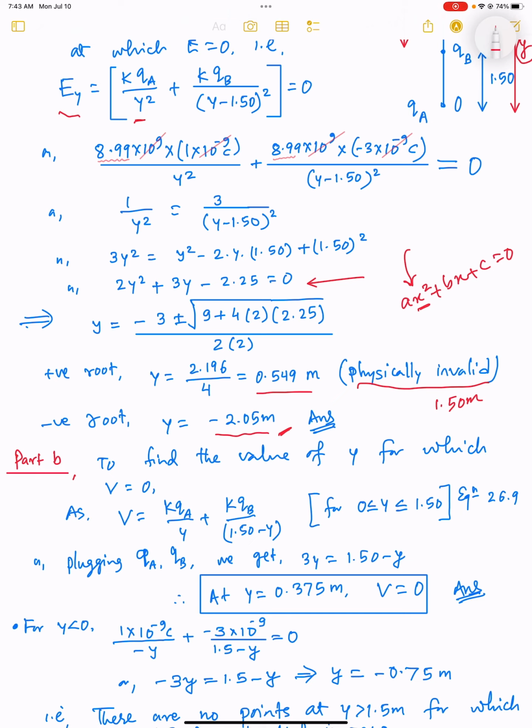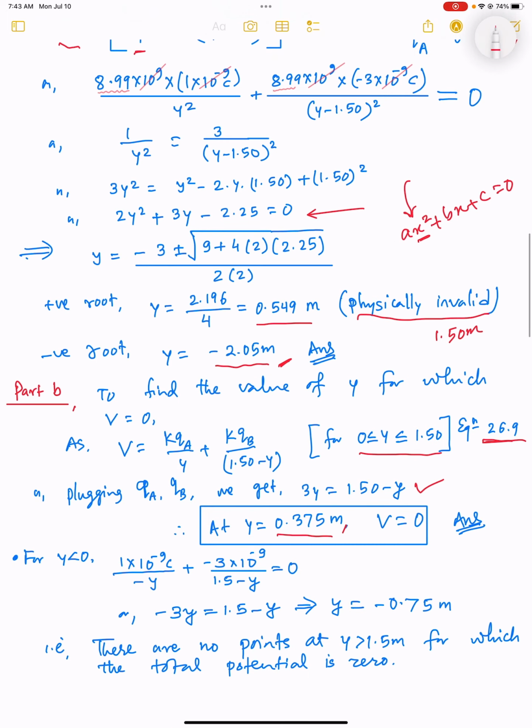Here the distance y is between 0 and 1.50 meter, so you can look back at equation 26.9. You plug in all the values and get a simple algebraic equation. When you solve that, you get y equals 0.375 meter, at which V equals 0.